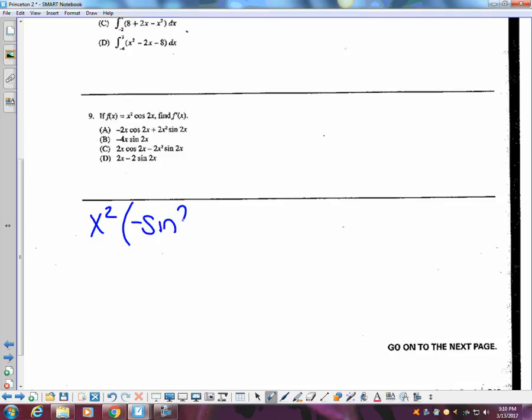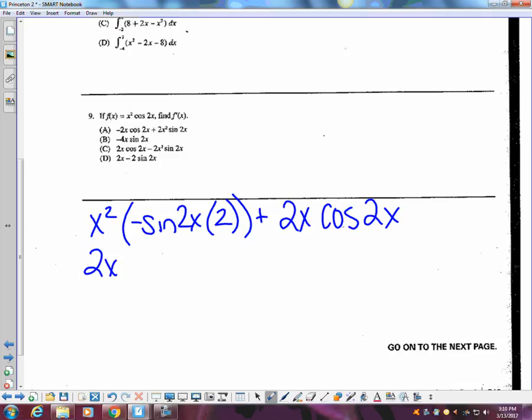Negative sign 2x times 2 plus 2x cosine 2x. Pull the 2 out here, so 2x squared and the negative sine of 2x plus 2x cosine of 2x.